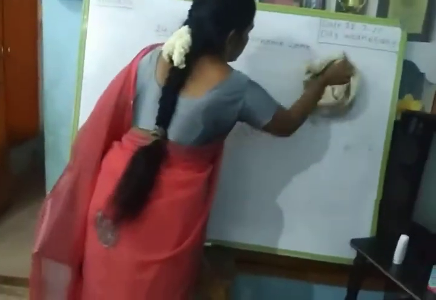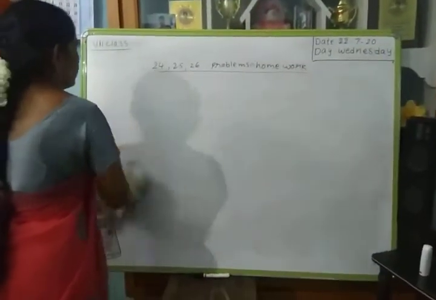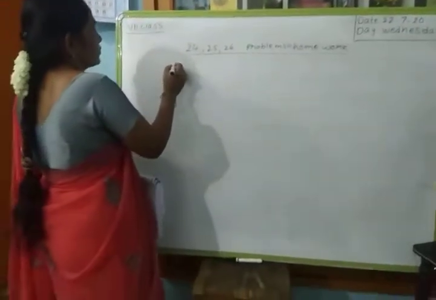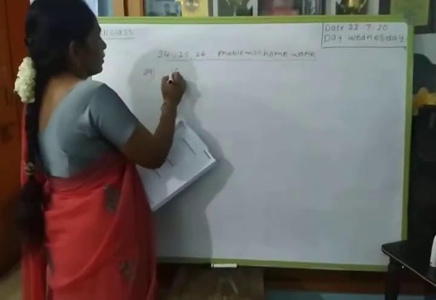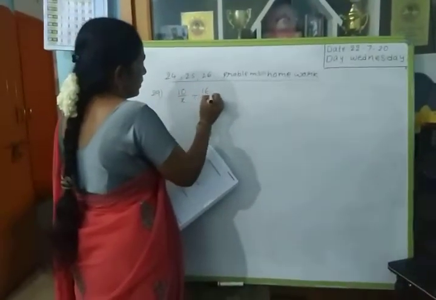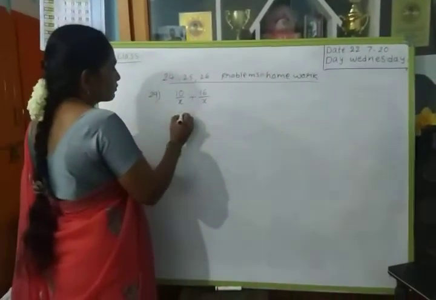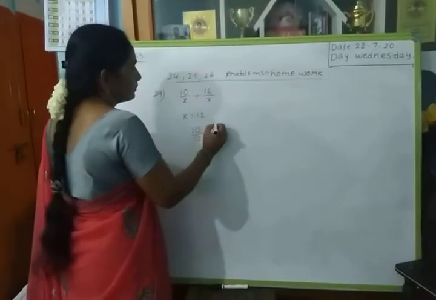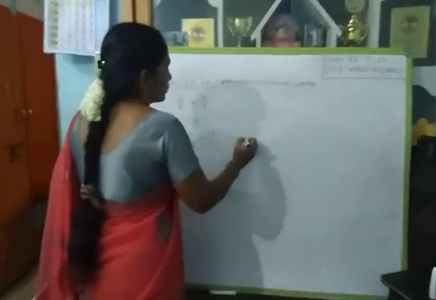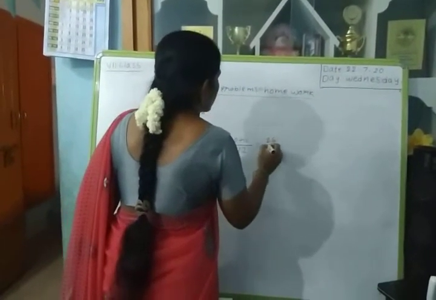29th. Observe the 29th question. 10 by x plus 16 by x simplified, what is the answer? Already we found the x value: 12. If you substitute 12, what will you get? 10 plus 16, 26 by 12.